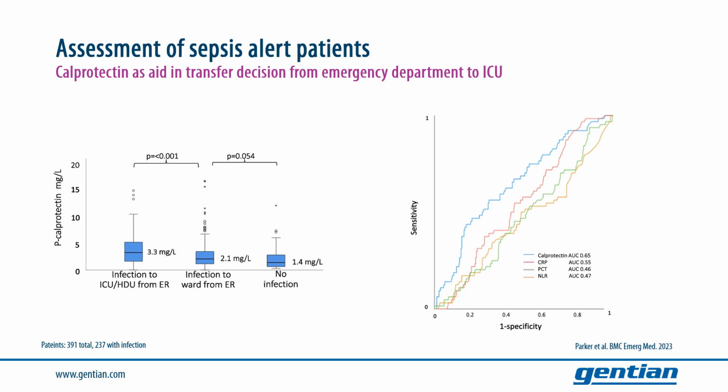Interestingly, patients initially transferred to ward units who were subsequently transferred from ward to ICU within 12 to 72 hours from presentation had initial high calprotectin levels. So these findings indicate that a stable patient who does not require ICU transfer from the emergency department, but who has a high calprotectin level, may have an increased risk for subsequent requirement of ICU transferal.